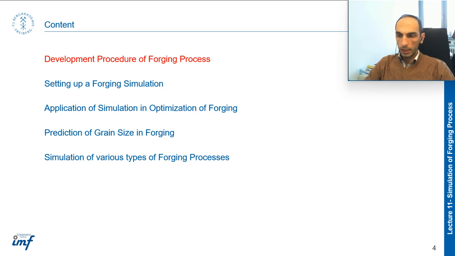In 2-3 slides, I will talk about the prediction of grain size, because I think it's a little bit above the normal level of simulation and prediction, so you can become familiar with the prediction of metallurgical concepts, not only the effective strain or the stress, but here we try to predict the grain size during the forging.